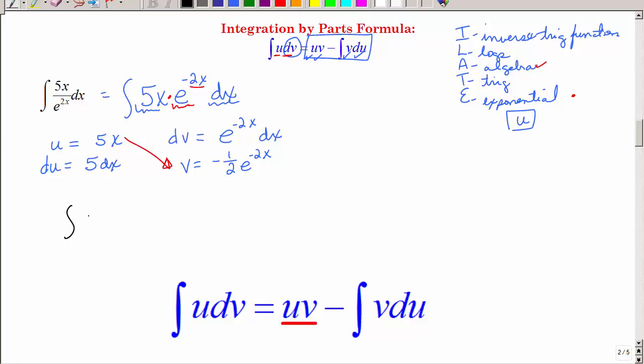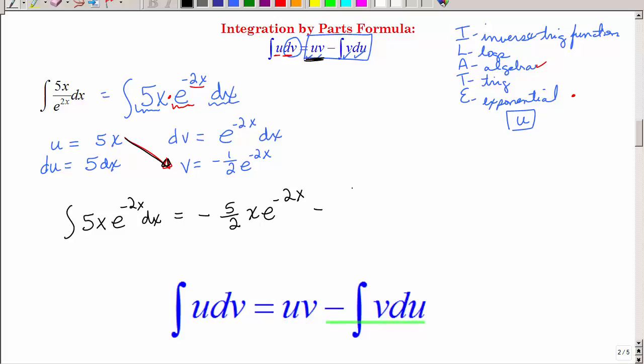So here's my problem, 5x multiplied by e to the negative 2x. So according to this, it would be u times v, so I'm going to multiply those together, no integrals, just a multiplication. So that's going to be negative 5/2 x e to the negative 2x.